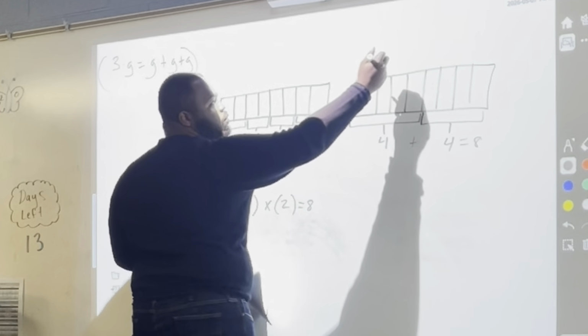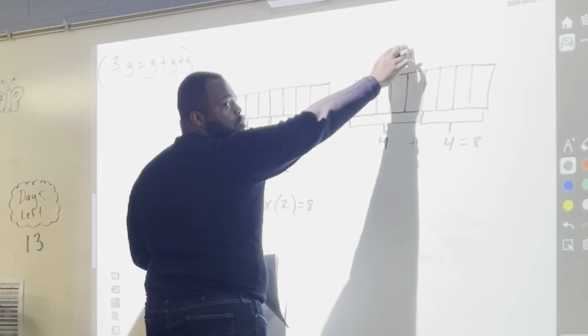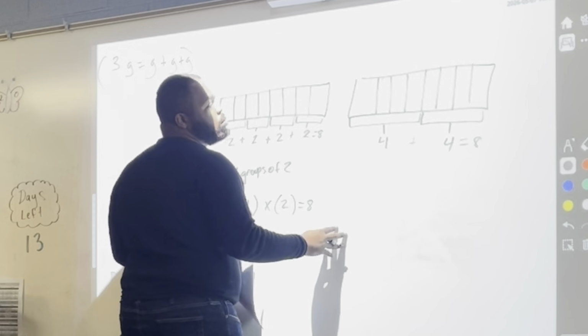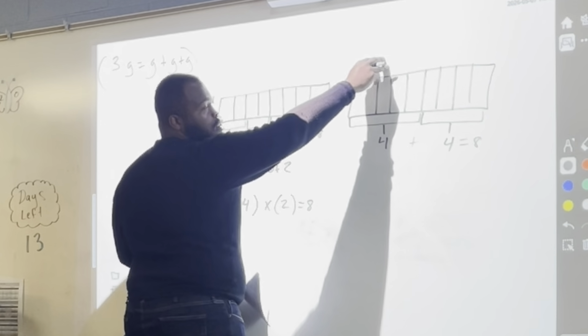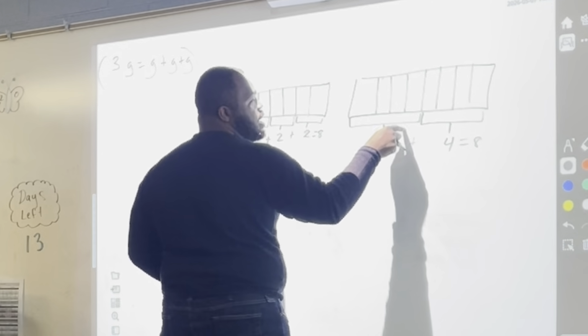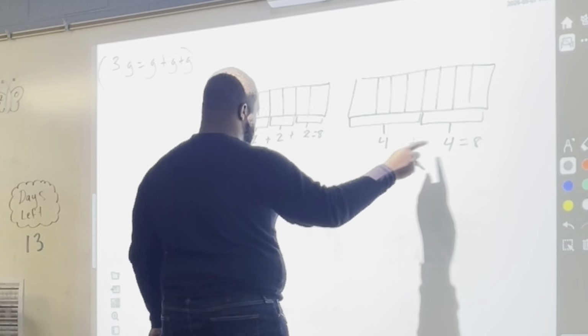Would this be fitting for an addition equation or multiplication? So this is the addition one. What would this one be? The multiplication one, because we have 2 groups of 4.